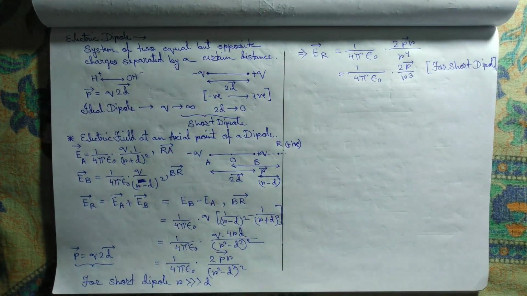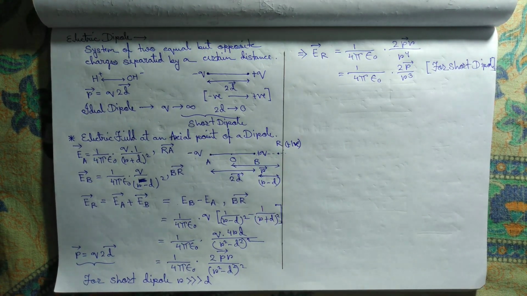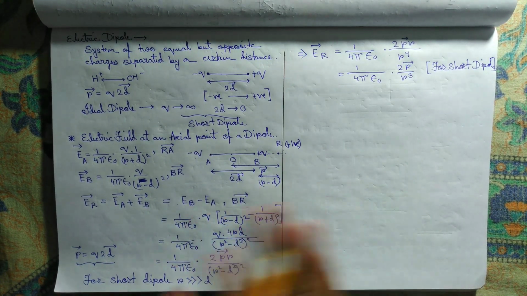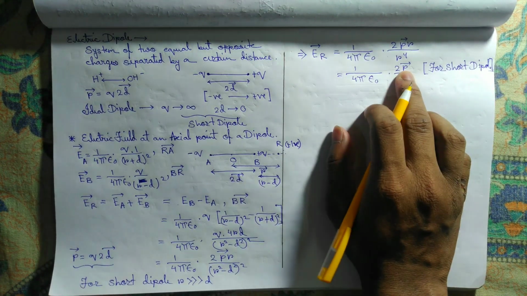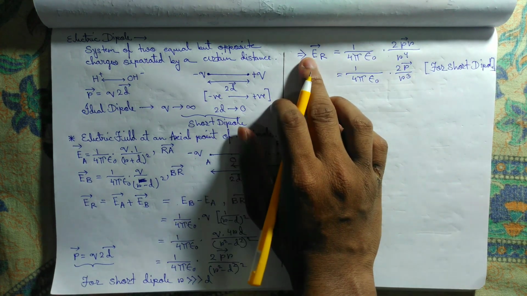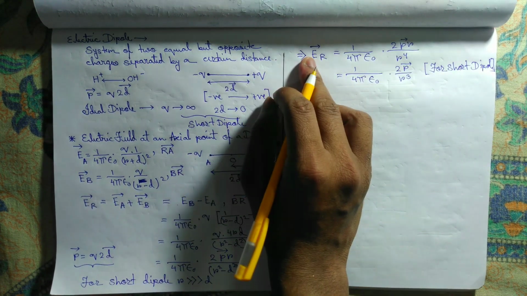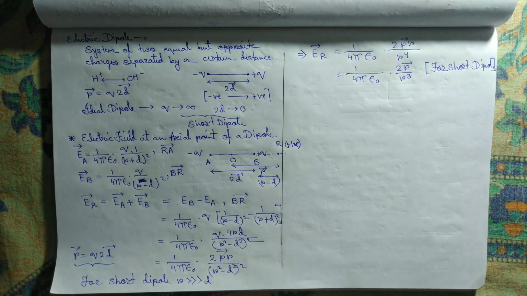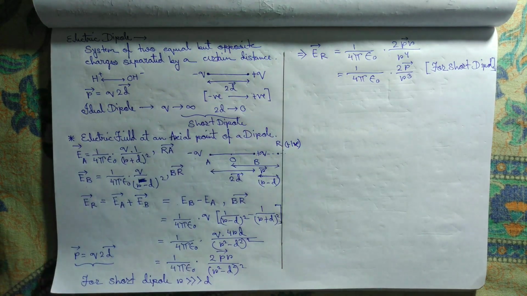So look at that. We always said that the electric field will be always positive to negative, but here a contradiction appears. Not contradiction, it is actually confusion. See that this P, the dipole moment vector, will always be negative to positive, and this electric field vector is also along P. But this electric field is not due to a point charge, an isolated charge. It is the electric field due to the system, so don't mess up with that.